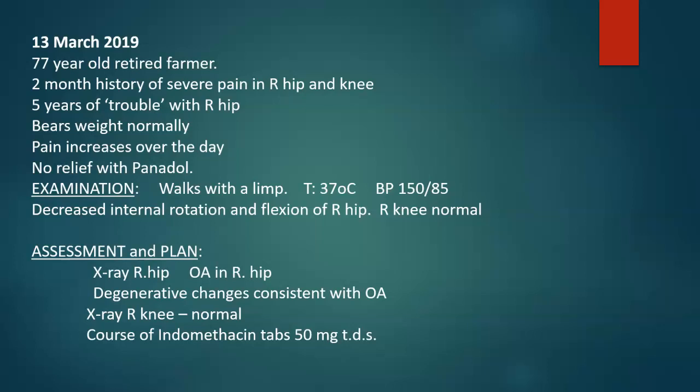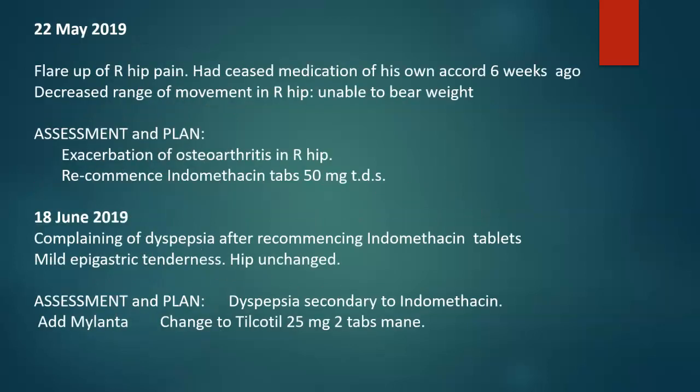So you believe he's got osteoarthritis in the right hip, and there's been degenerative changes, and you put him onto a course of indomethacin tablets, 50 milligrams, 3 times a day. A couple of months later, in May, he had a flare-up again of this right hip pain, and he'd actually stopped taking the indomethacin of his own accord 6 weeks previously, and now he's got decreased range of movement in the right hip, and he's unable to bear weight on it.